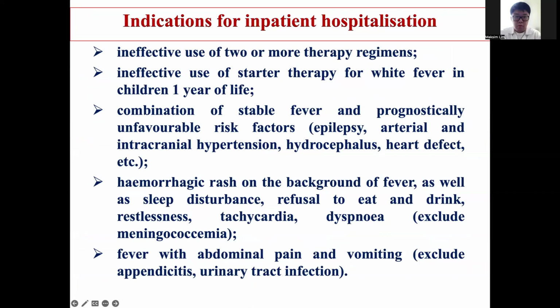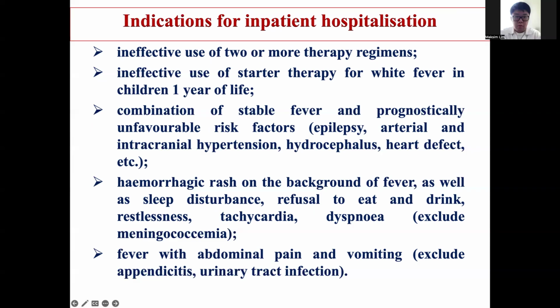And there are some indications for inpatient hospitalization during fever syndrome: ineffective use of 2 or more therapy regimens, ineffective use of starter therapy for white fever in children in the first year of life, a combination of stable fever and prognostically unfavorable risk factors, a hemorrhagic rash on the background of fever, as well as sleep disturbance, refusal to eat and drink, restlessness, tachycardia and dyspnea, and a fever with abdominal pain and vomiting.